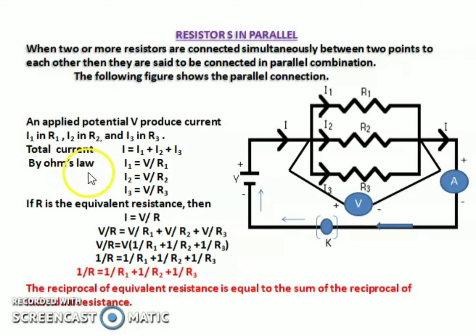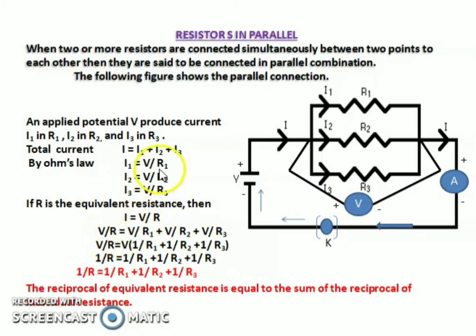By Ohm's law, I1 is equal to V upon R1, I2 is equal to V upon R2, I3 is equal to V upon R3. If R is the effective resistance, then I is equal to V upon R.